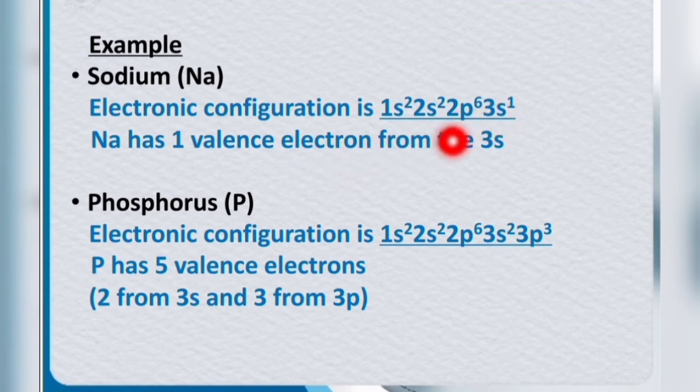Sodium has one valence electron in the 3s shell. Phosphorus: the electronic configuration of phosphorus is 1s2, 2s2, 2p6, 3s2 and 3p3. Phosphorus has 5 valence electrons. How? Yes, 2 from 3s and 3 from 3p.